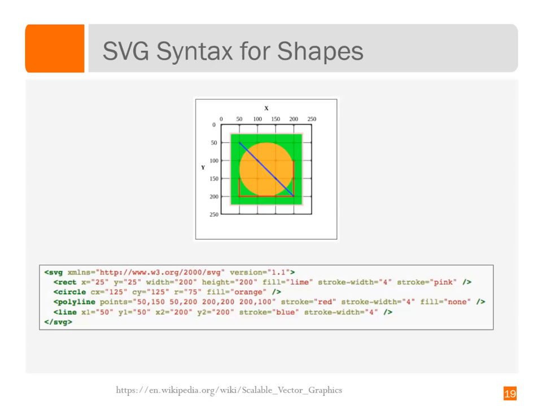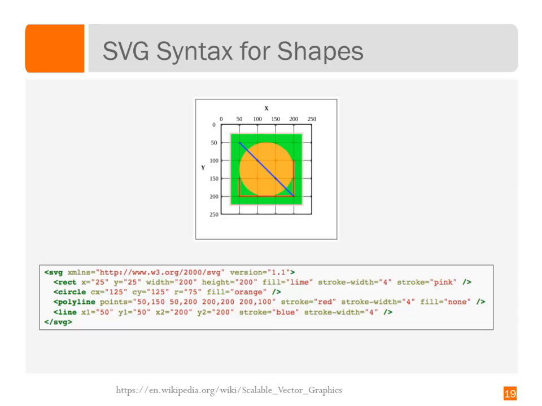Now, here's an overview of a whole set of SVG shapes, and we will define the syntax of those shapes as we go. So we're going to be discussing the shapes that are drawn in the image in the center of the screen here.